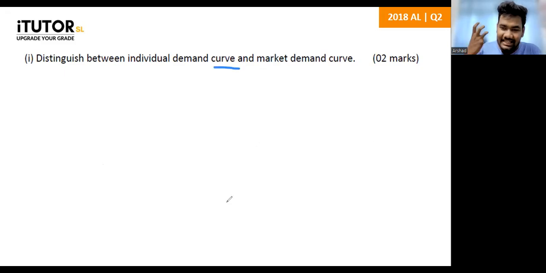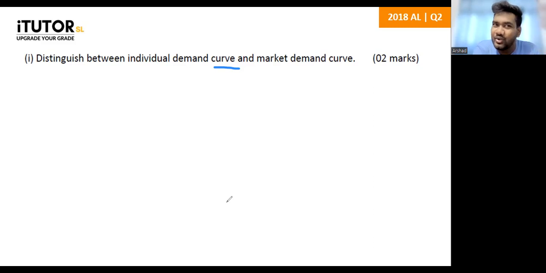You can say the individual demand curve represents one individual, or one person's demand for one product. For example, let's say your demand for a mobile phone. On the other hand, market demand is the collection of all the individual demands. So market demand, in other words, is everyone's demand for one good.